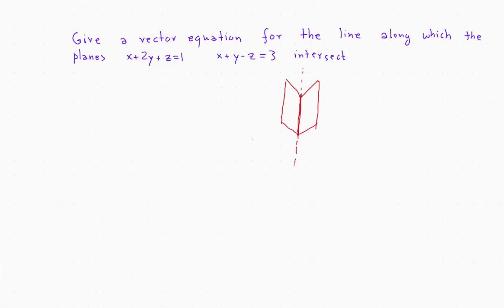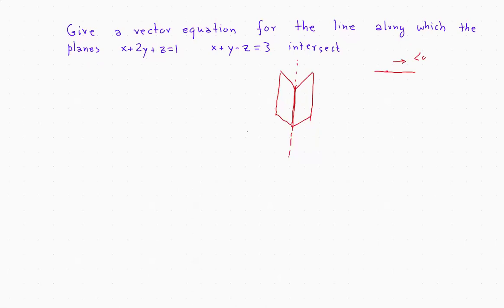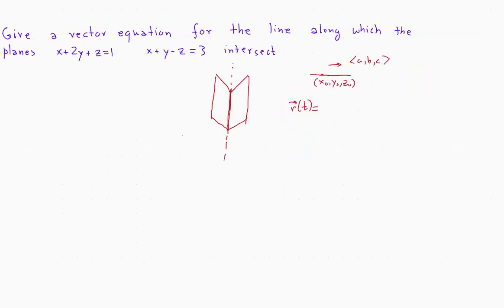And let's recall that in order to find the vector equation for a line, we need a point on the line and a parallel vector, not a tangent vector. So if the vector is, let's say, ABC, and you have the point x naught, y naught, z naught, then a vector equation for this line is r of t equals x naught plus ta, y naught plus tb, and z naught plus tc.